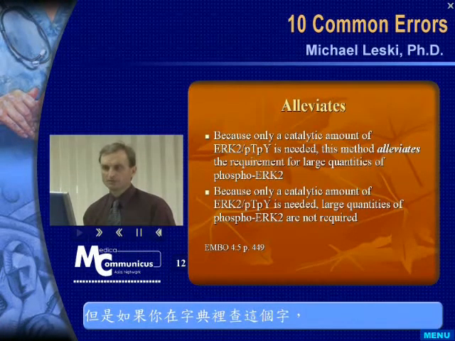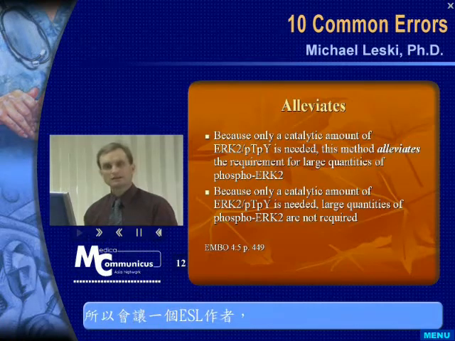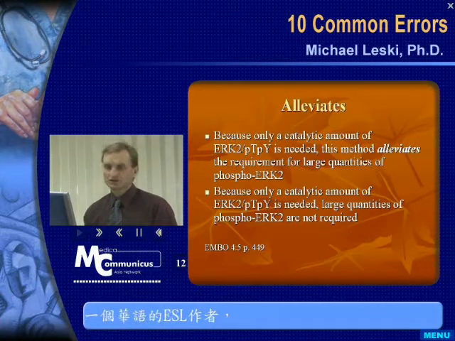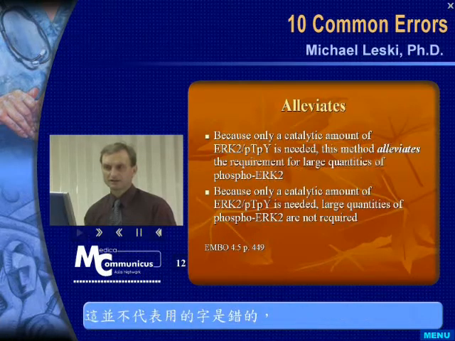But if you look up this word in the dictionary, one of the definitions will be to reduce a load. And so the Chinese ESL writer, in his thinking, will be led to this word in the English dictionary, and insert this in the writing, as is shown in the example I've given.